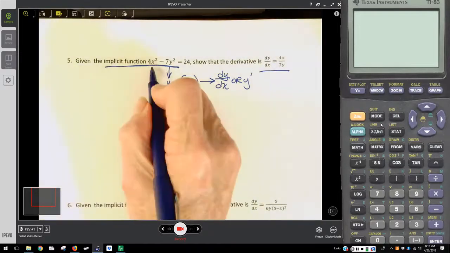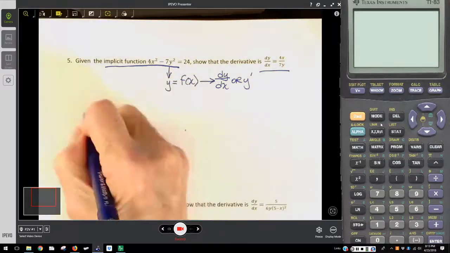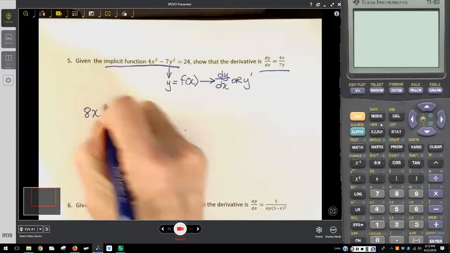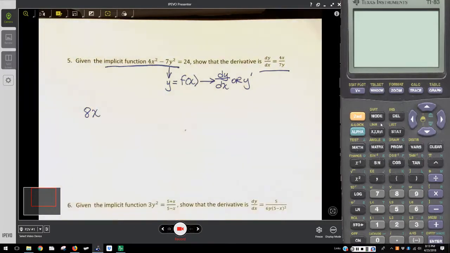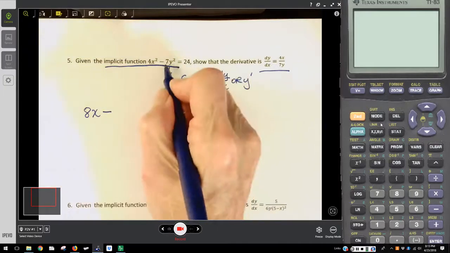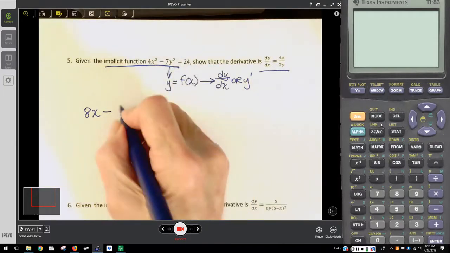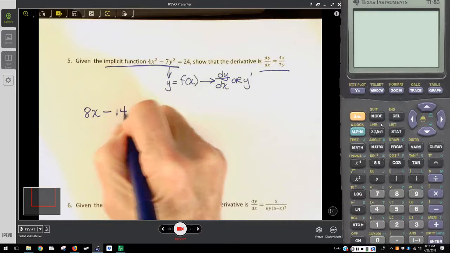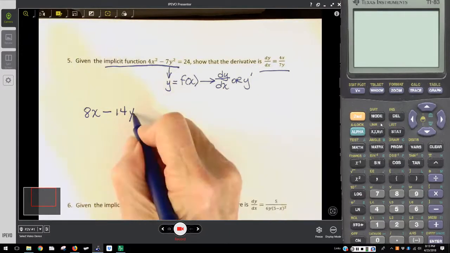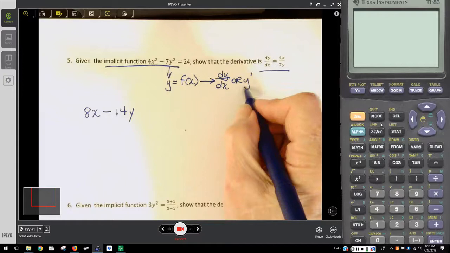So the first term is 4x squared, and 2 times 4 gives us 8x, and 2 minus 1 means that's to the first power, minus the derivative of 7y squared is 2 times 7 is 14, y to the first power, and then because y is a function of x, we either write y prime or dy dx.